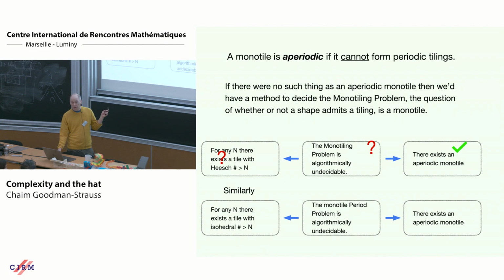And then we also have the same kind of thing, the monotile period problem. That is to say, if a tile admits a periodic tiling, is related in this way, it also would imply the existence of an aperiodic monotile and that the isohedral number is unbounded. So these are all just more or less consequences of the things I was addressing. And this is the status here. So these are all open.